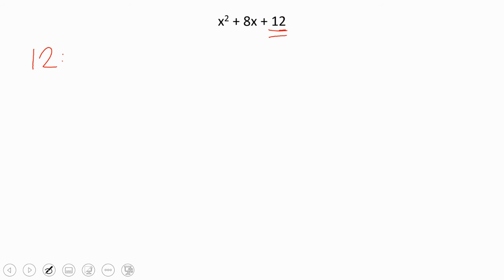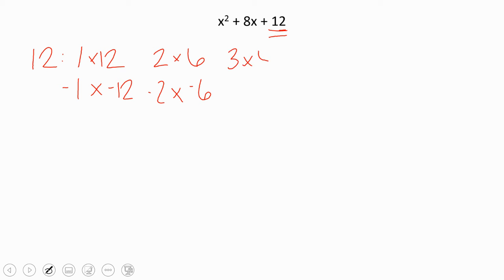So the factors of 12 are 1 times 12, negative 1 times negative 12, 2 times 6, negative 2 times negative 6, and 3 times 4, or negative 3 times negative 4.